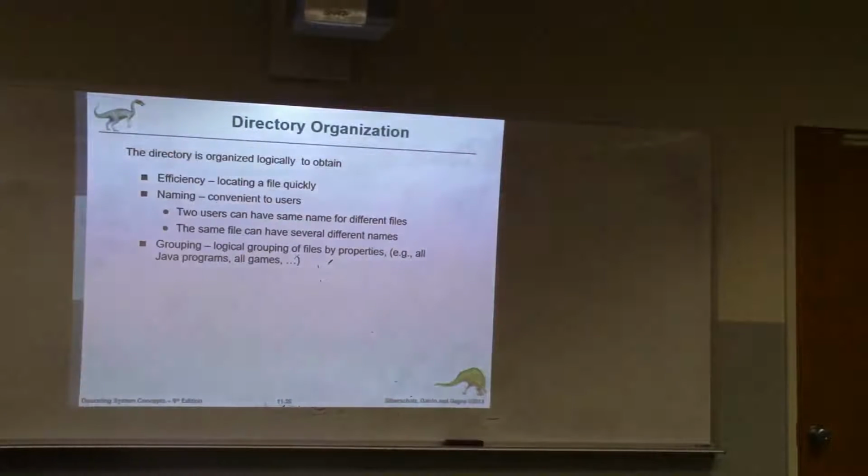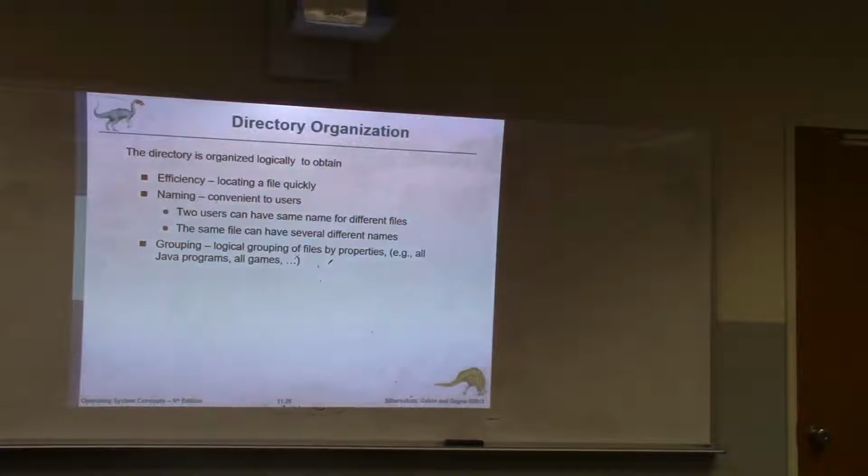Then, a directory can be organized differently depending on the purpose. The first objective of using the directory structure is that, because we have many files, we need the directory structure, right? So it should be very efficient. How can we locate the file very quickly?